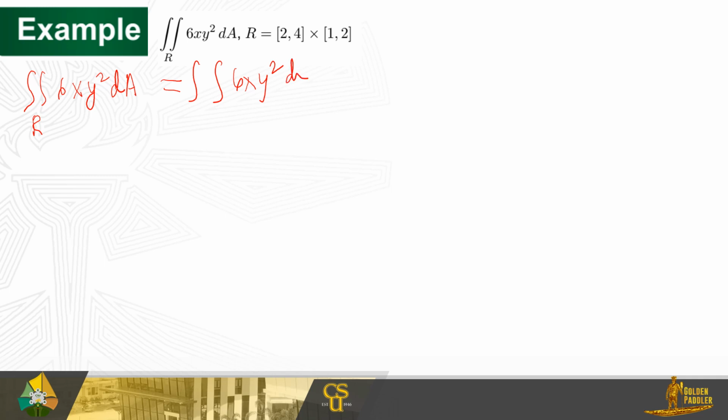First, let's integrate with respect to x. So this is the x, and here we will base the limits of integration: 2 to 4. Next is dy, so with respect to y, we have 1 to 2.